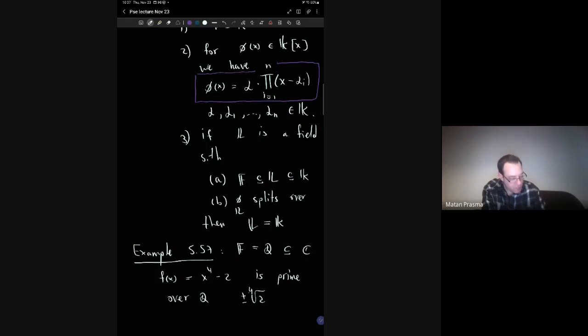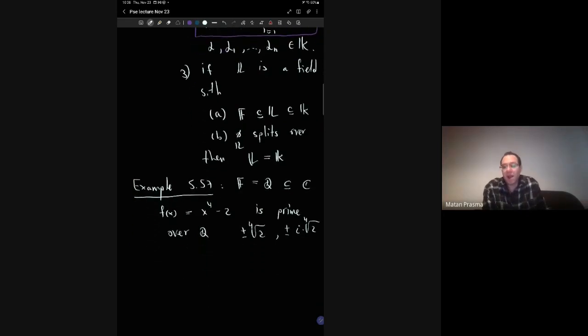These would be plus minus the fourth root of 2, and plus minus i times the fourth root of 2. Okay, and none of them belong to Q. So over Q, I cannot find any root.